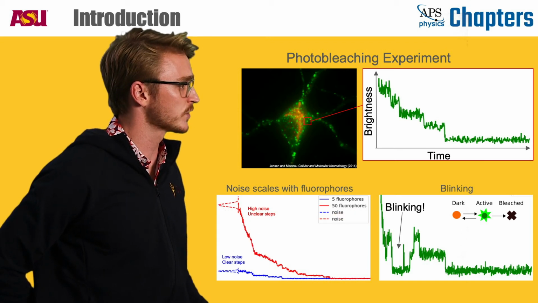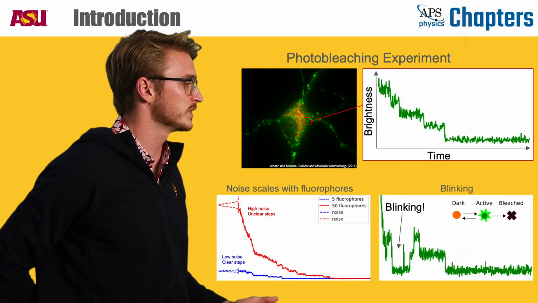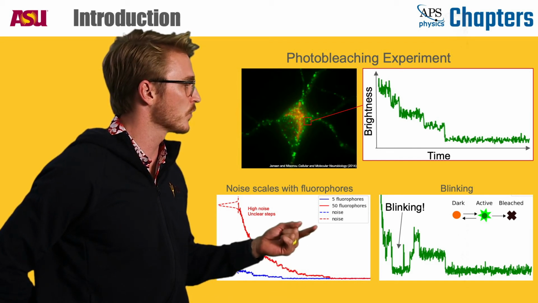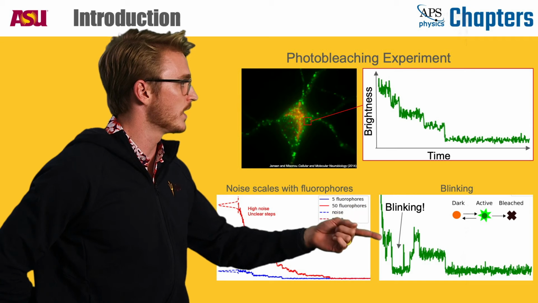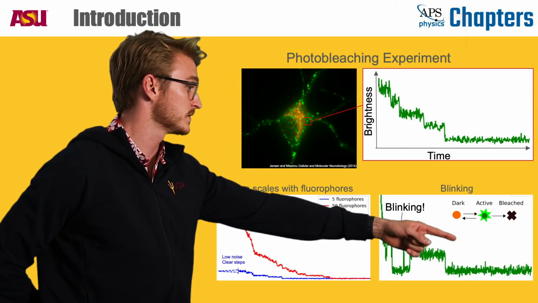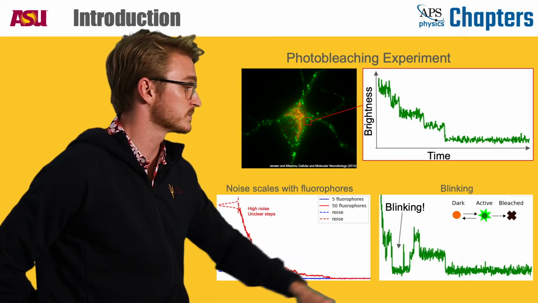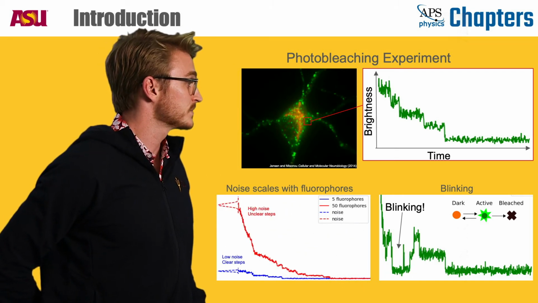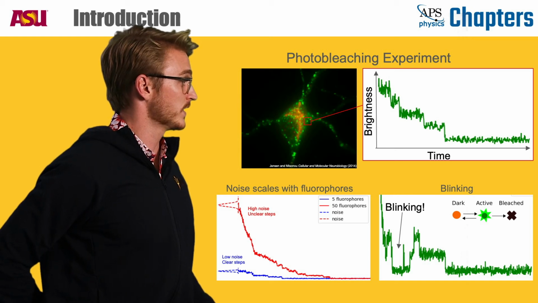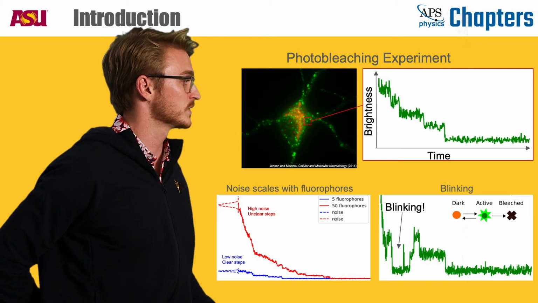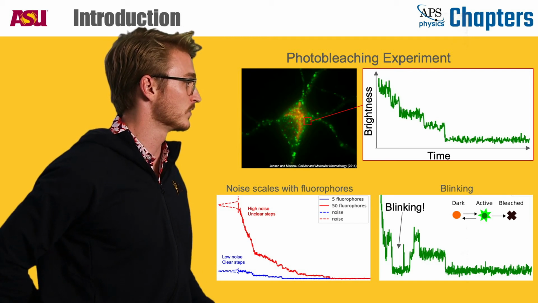Blinking is different than photobleaching because unlike photobleaching, blinking is reversible, meaning that a fluorophore can blink on and off numerous times, but once it photobleaches at the end of the trace, then it no longer turns back on. This means that now if you're looking at your brightness versus time of your fluorophores, you can never be 100% certain that a downward step is due to photobleaching or blinking.